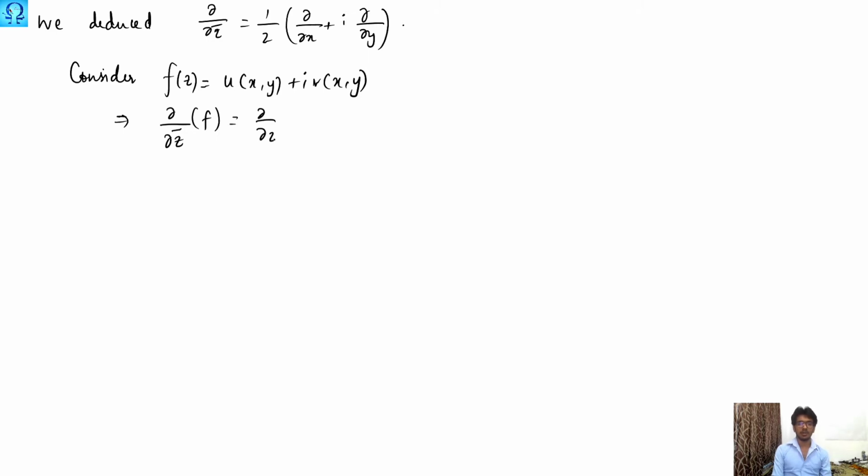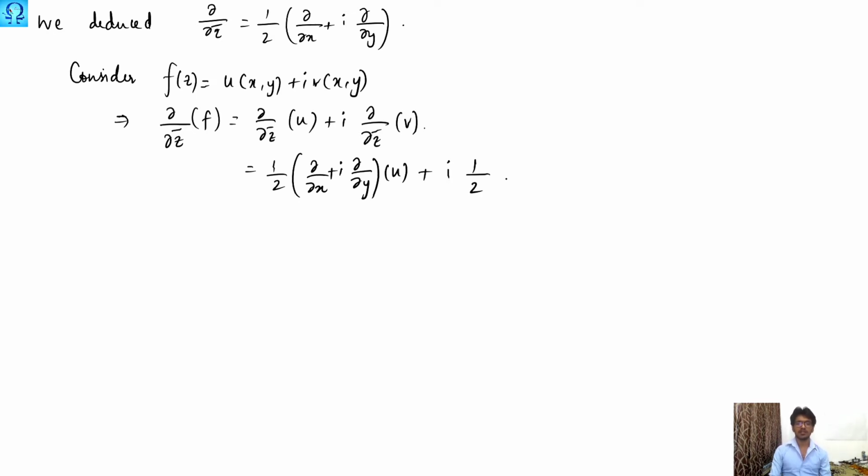So it would be del upon del z bar u plus iota times del upon del z bar v. This is del upon del z bar, which is half times del upon del x plus iota times del upon del y. This is to be applied to u, and similarly applied to v.